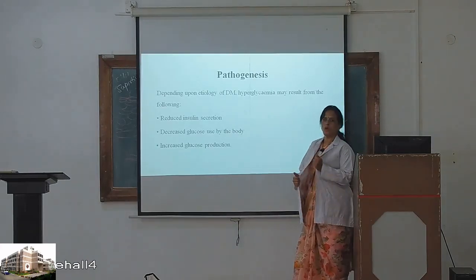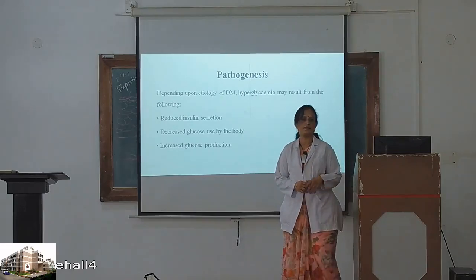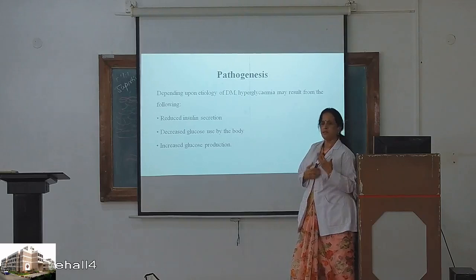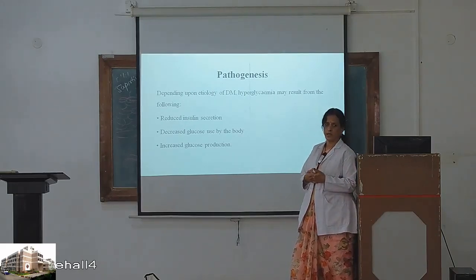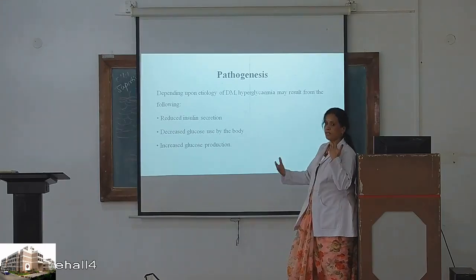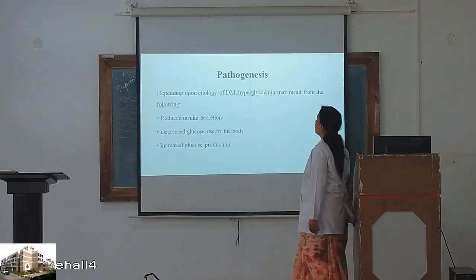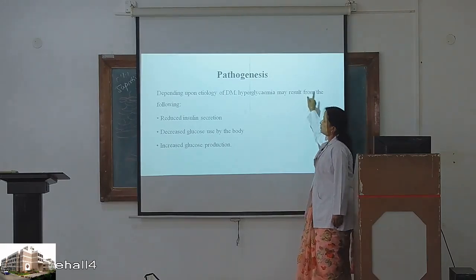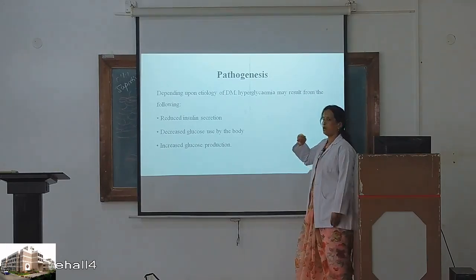Now, so what is the etiopathogenesis? Only once we know the etiology and the pathogenesis, the treatment becomes easy. And knowledge about this helps us to prevent this disease. So depending on the etiology of diabetes mellitus, hyperglycemia may result from how?